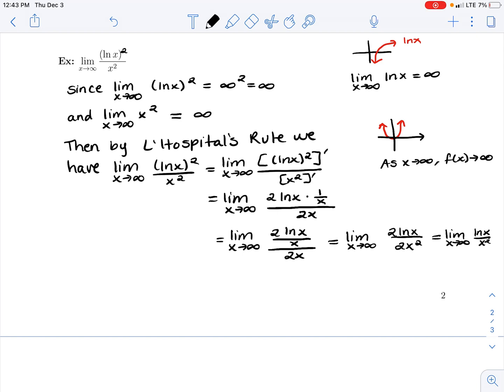Okay. So now at this stage, we actually already learned a limit technique that would tell you that this limit is 0. And so if you remember, it's because we had our exponential growth functions, or our functions with a base that was bigger than 1 to the x, right? So our exponential functions, we said that those go to infinity faster than our power functions, which was just our x variable to a number, which goes faster than our natural log function.